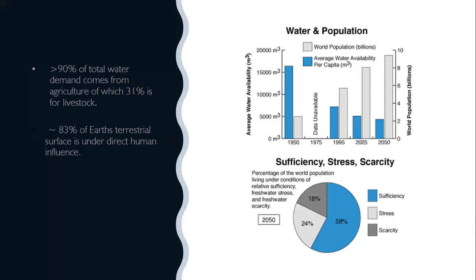On this backdrop, we know that the total demand for fresh water, about 90%, is focused in agriculture, with about a 31% contribution for livestock production.